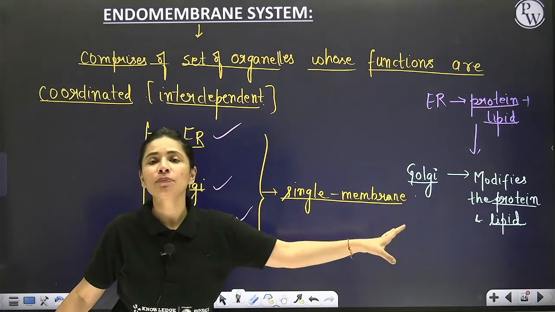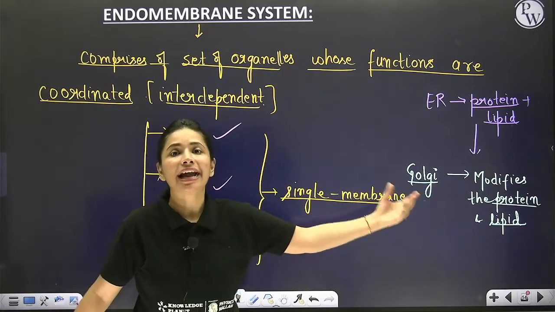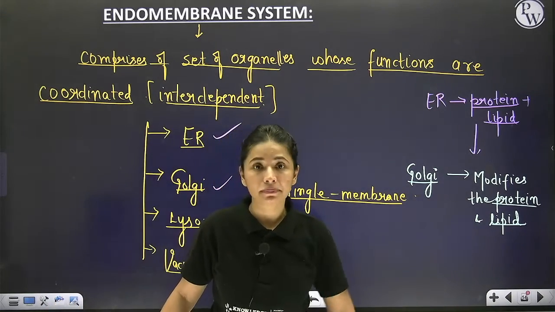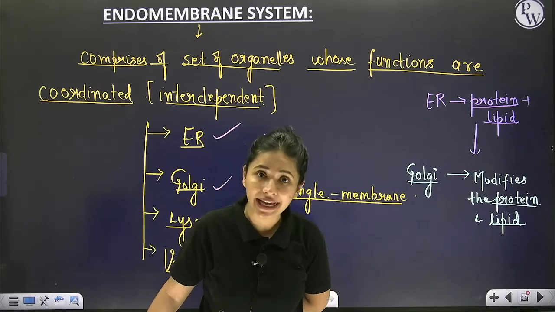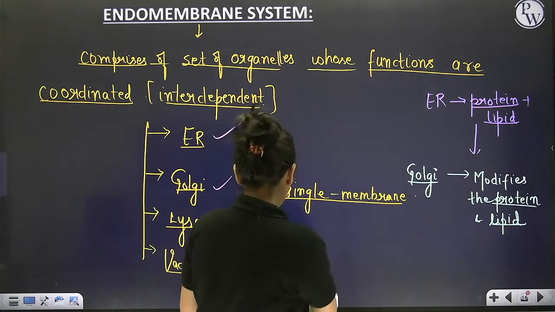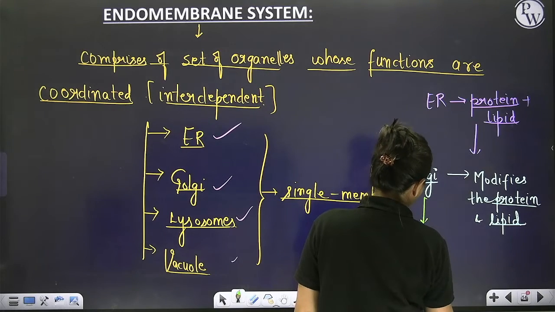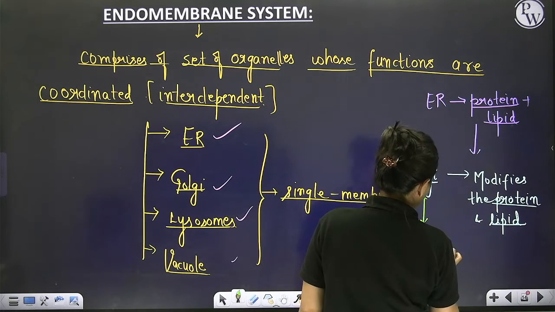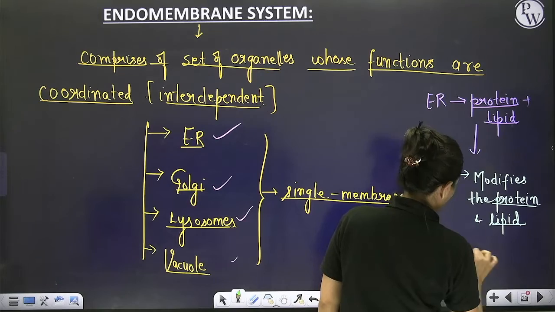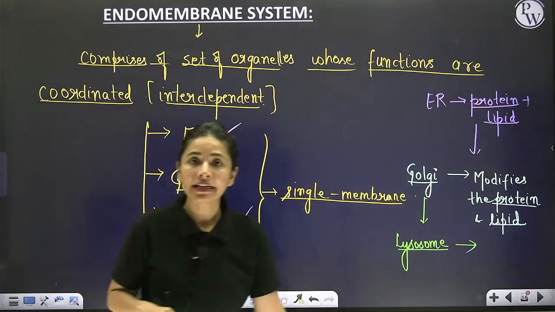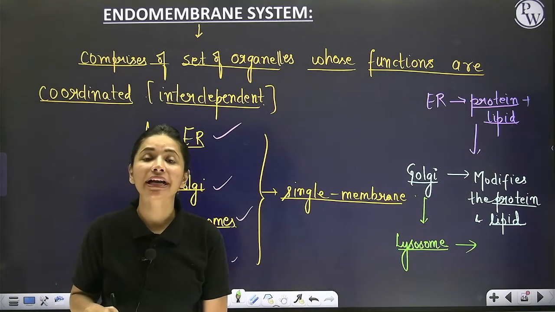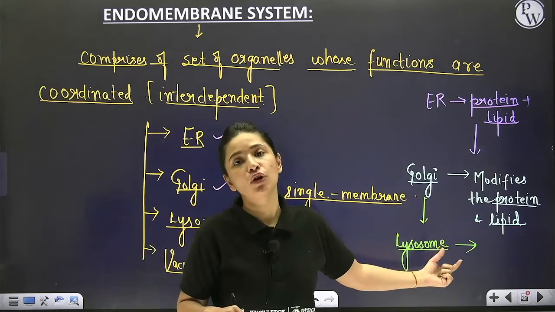Once the modification is done, these proteins and lipids are ready to be utilized, and from there comes the next organelle, which is the lysosome. Right? Now this lysosome arises from the packaging of the Golgi body.